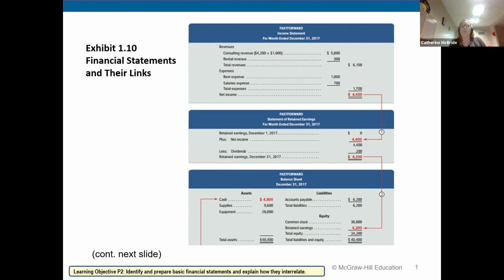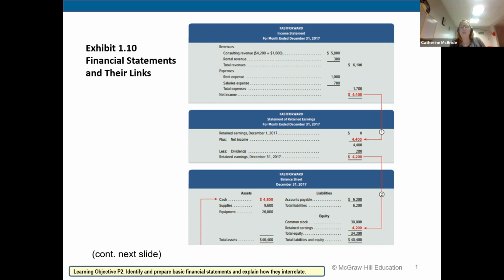So on our income statement, we have revenue and expenses. You start with the revenue, you subtract the expenses to get the net income. You have to do the income statement first. And the reason that you have to do the income statement first is because net income is required on the statement of retained earnings.